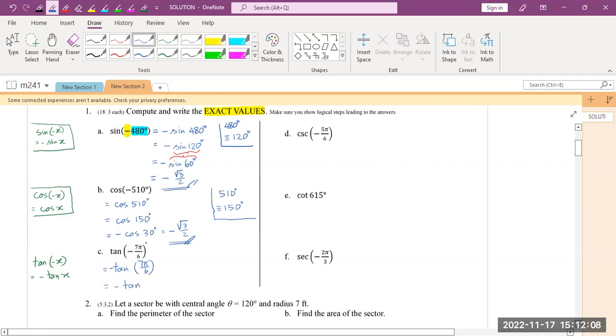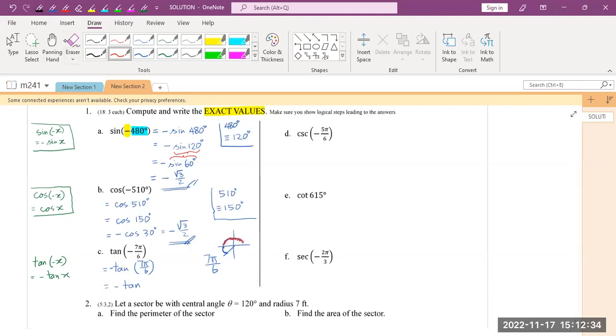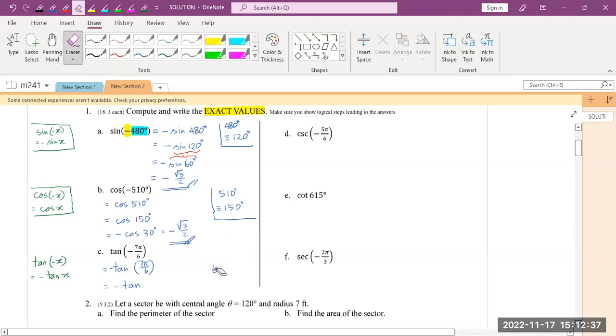Then the reference angle is 7 pi over 6 subtracted by pi, so you cancel this out. That's how you get the reference angle. If you subtract by pi, then you get just pi over 6. And tangent pi over 6 is radical 3 over 3.